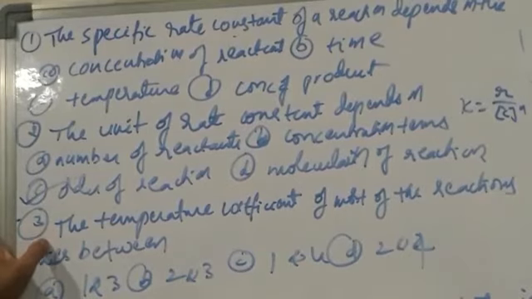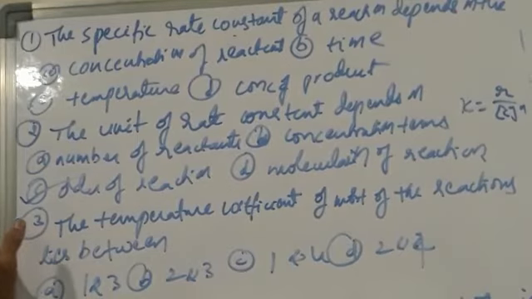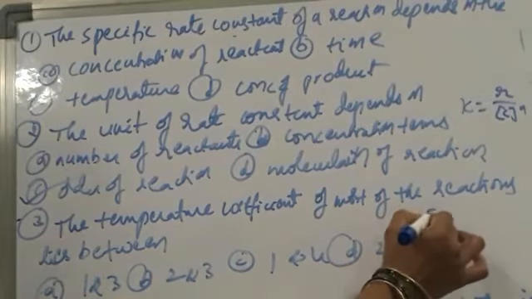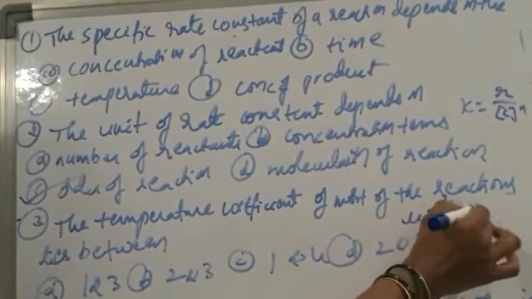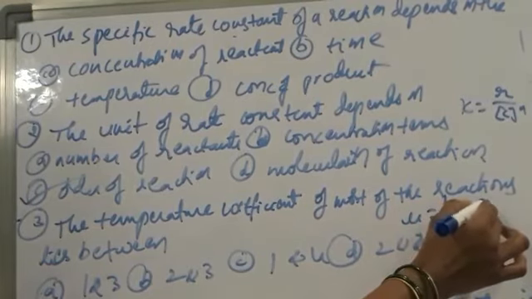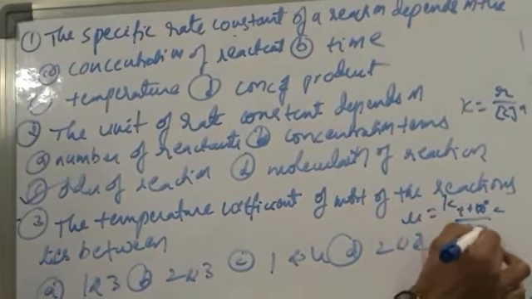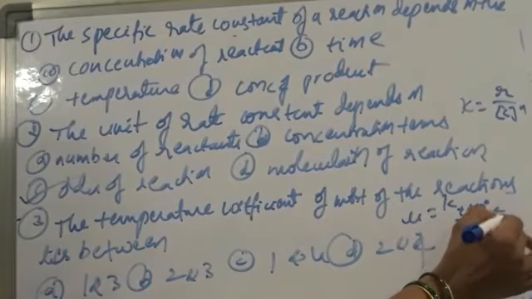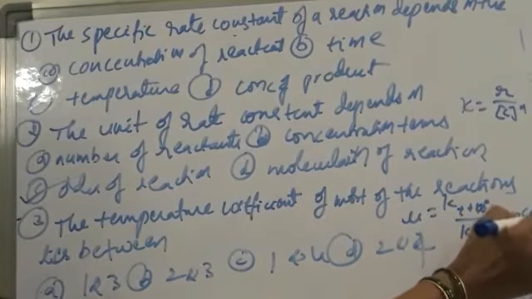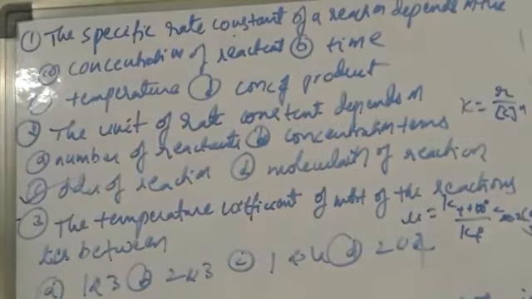Then the temperature coefficient of most of the reactions lies between. So temperature coefficient mu is equal to K at T plus 10 degrees centigrade by K at T degrees centigrade, that is equal to 2 or 3. Mostly it is 2.